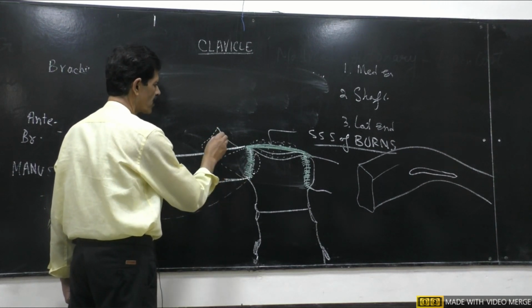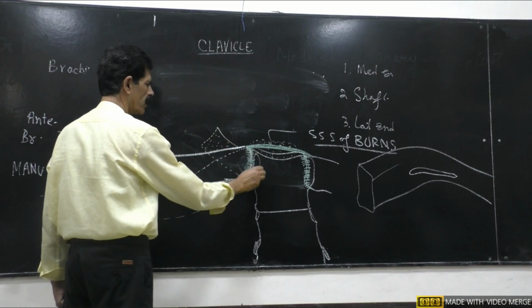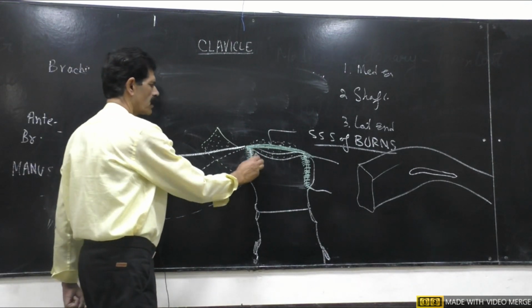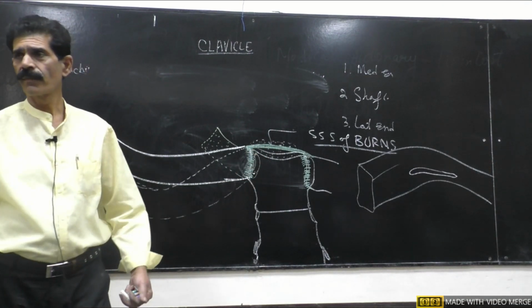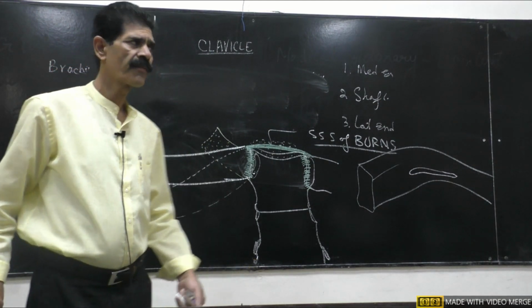So this is a small piece of the costal cartilage of the first rib, which is articulating to form the sternocostal joint. The first rib costal cartilage with the sternum is called the sternocostal joint.